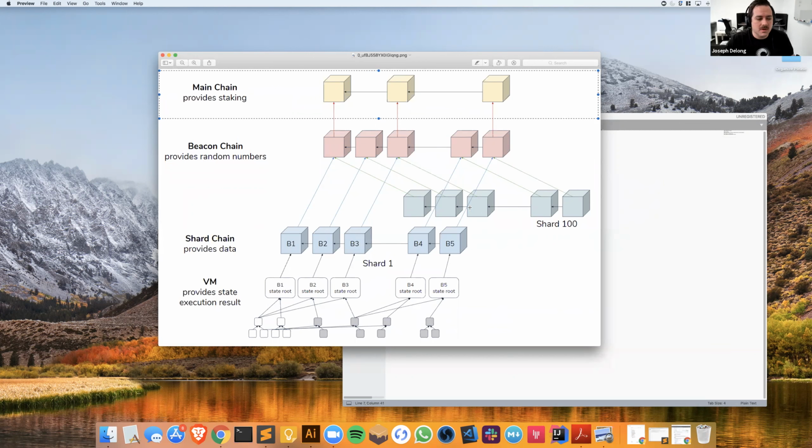If you're familiar with, I don't know the name of the problem, but I think it's O of C versus O of N: your transactional throughput goes down as your node count goes up. I think the solution to that is separating it into shards. You're lowering your node count and raising your transactional throughput, but having a state rolled into the beacon chain.